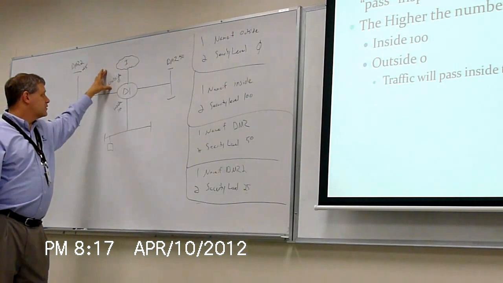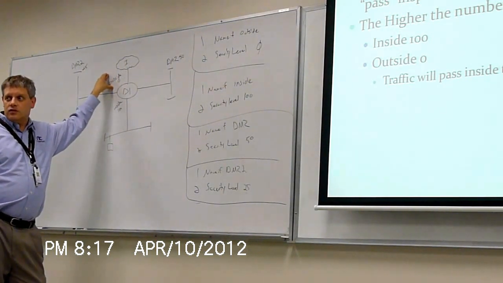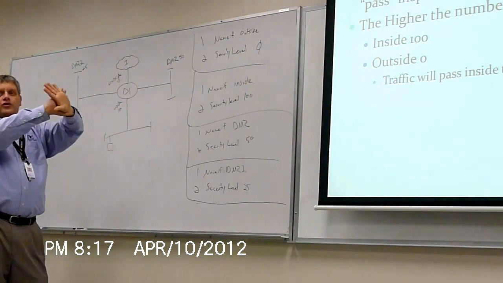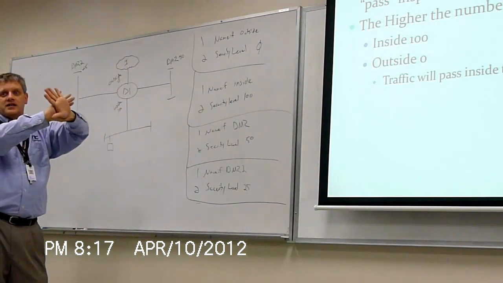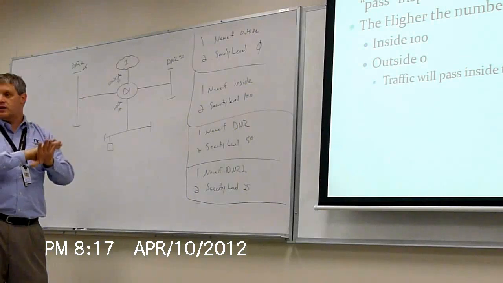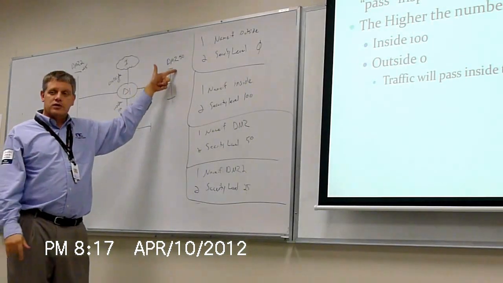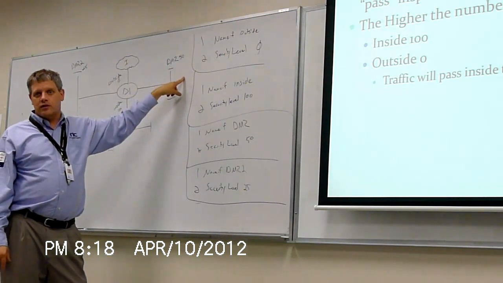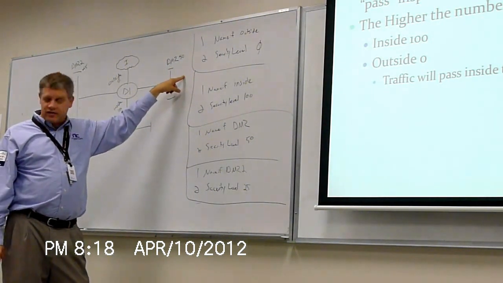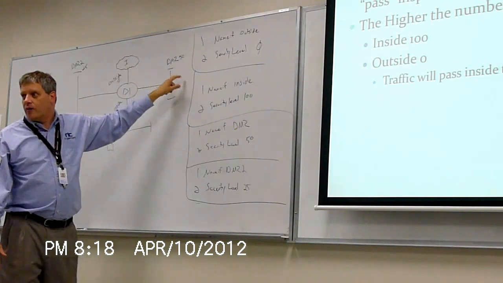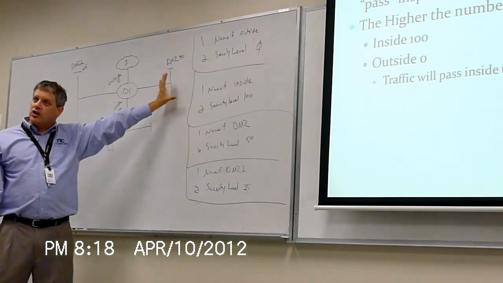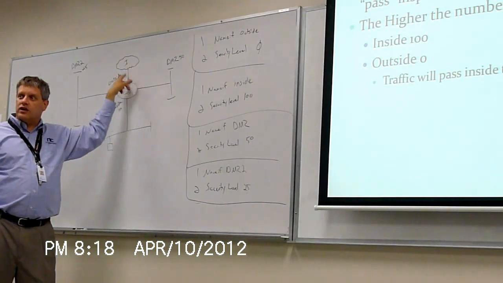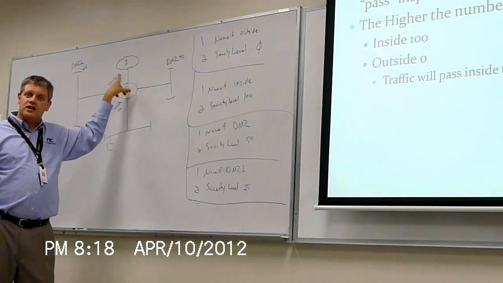Same thing with traffic from the internet. By default, the firewall is going to block all traffic, unless I tell it I'm going to specifically let something in. So if I have web servers, mail servers, DNS servers, e-commerce servers, World of Warcraft servers, I don't care what, on my DMZ, and I want to have traffic go to it from the internet, I've got to have an access control list with those policies defined.